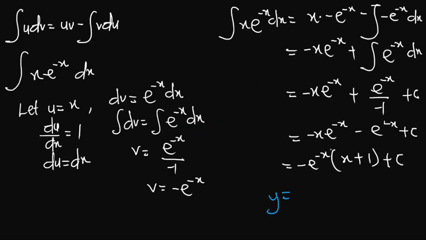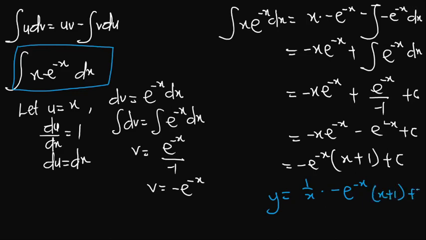So we have 1 over x multiplied by this whole function, which we've now integrated to get this. So we now multiply 1 over x by the whole of everything over here, so by negative e raised to the power negative x multiplied by x plus 1, then plus c.